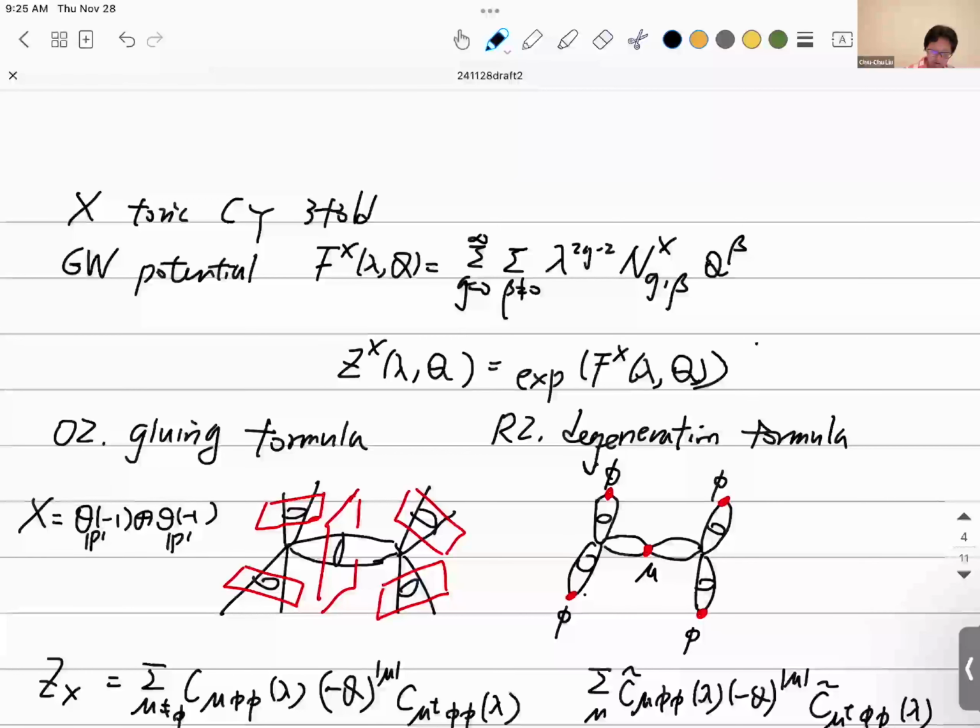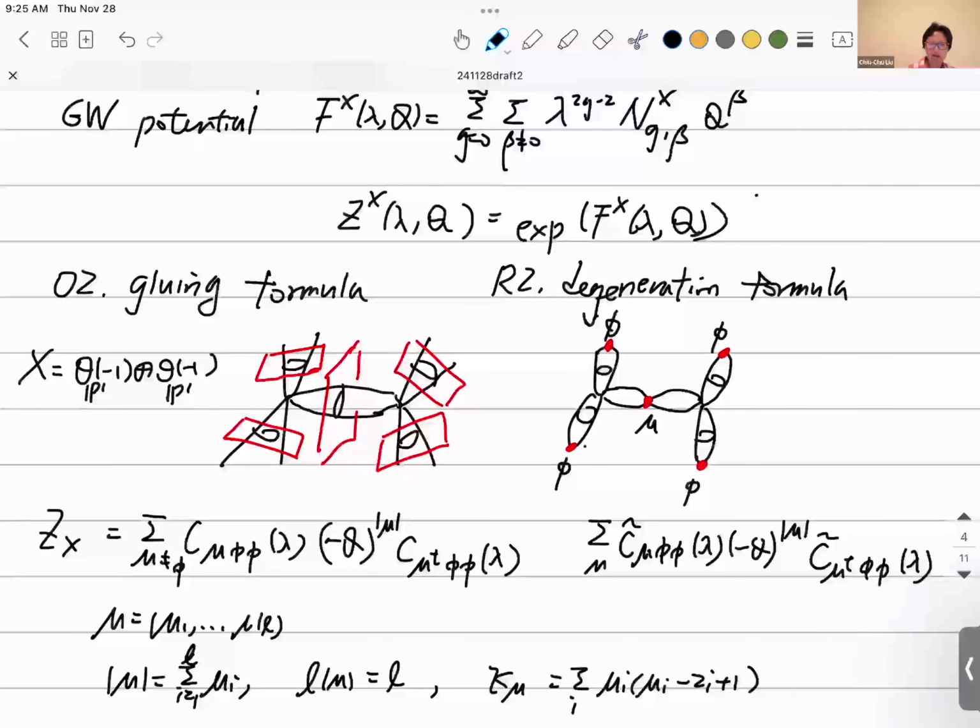Okay, so if we have an honest toric Calabi-Yau threefold, we can form this generating function of closed Gromov-Witten invariants. This Z is the disconnected version, the generating function of closed Gromov-Witten invariants with possibly disconnected domain.